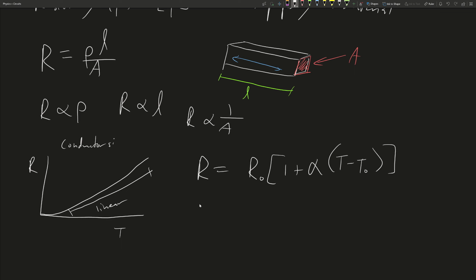And so here R0 and T0 are reference resistance and temperature. So R0 is the resistance at T0, and T0 is going to be our reference temperature.